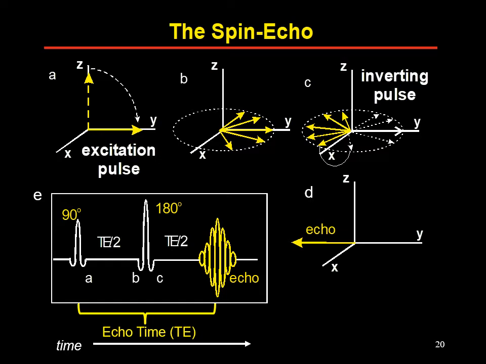First, the excitation pulse, typically a 90-degree pulse. Then at a time later, typically called echo time divided by 2, or TE divided by 2, an inverting 180-degree pulse is applied, and then an equal time later, an echo is formed and a relatively large signal is created in our detector.